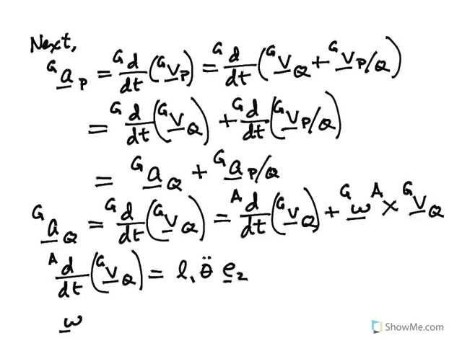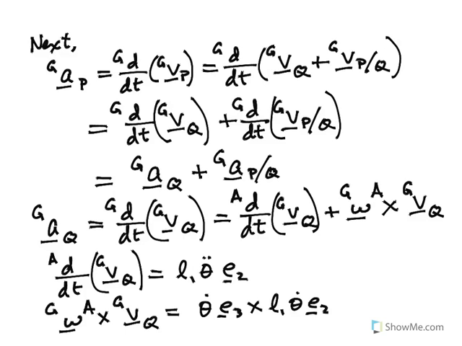The angular velocity of A in G crossed with the velocity of Q in G is equal to theta dot E3 crossed with L1 theta dot E2, which is equal to minus L1 theta dot squared E1.